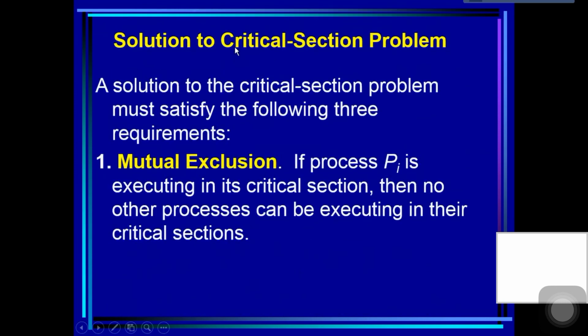A solution to the critical section problem must satisfy the following three requirements. First, mutual exclusion. We already talked about it. If process Pi is executing in its critical section, then no other processes can be executing in their critical sections.